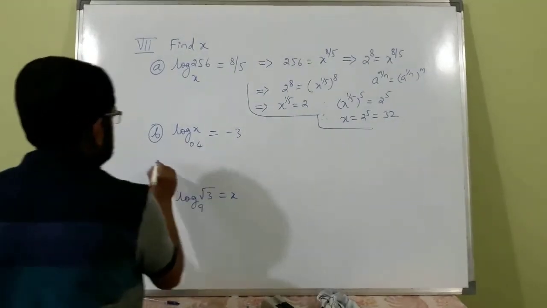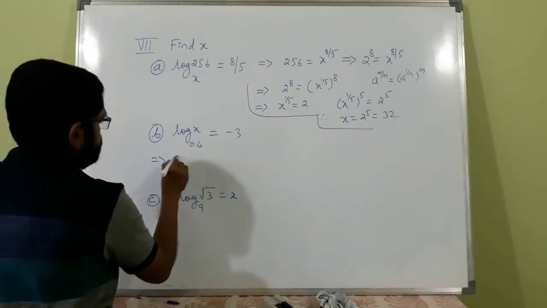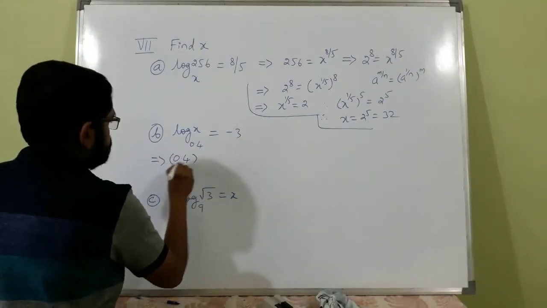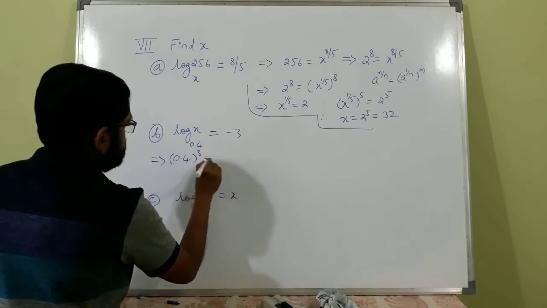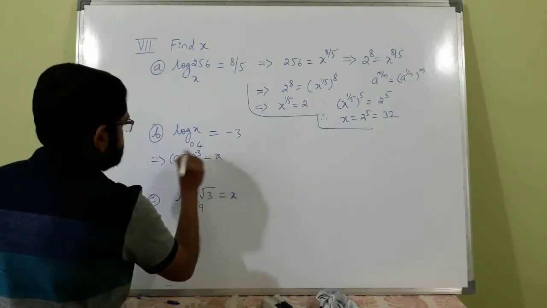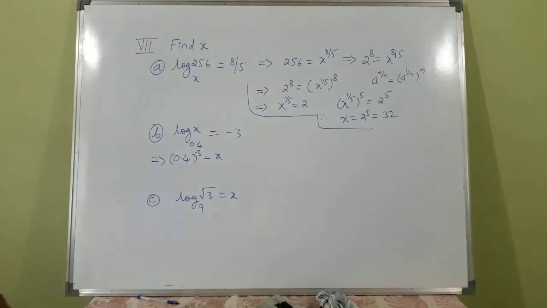Similarly, this implies 0.4 to the power 3 is equal to x to the power minus 3.